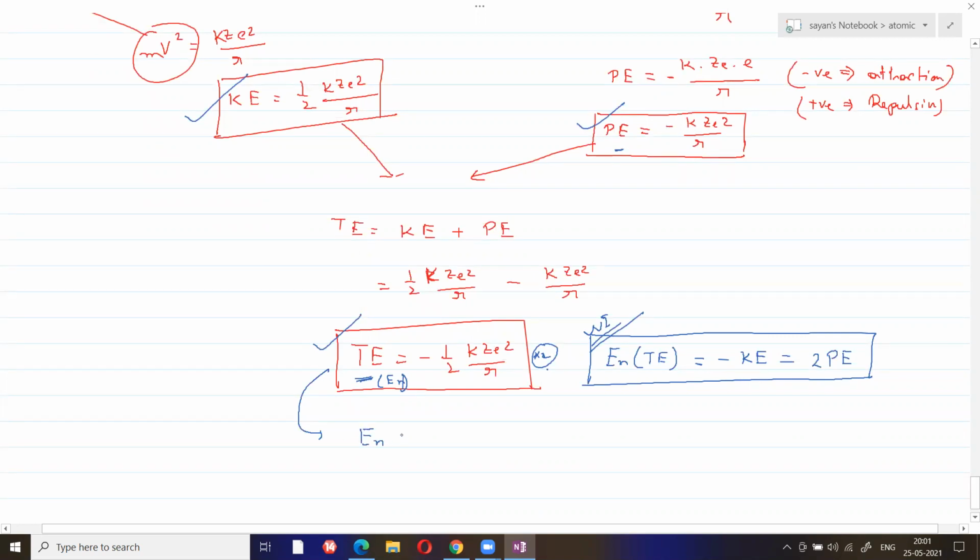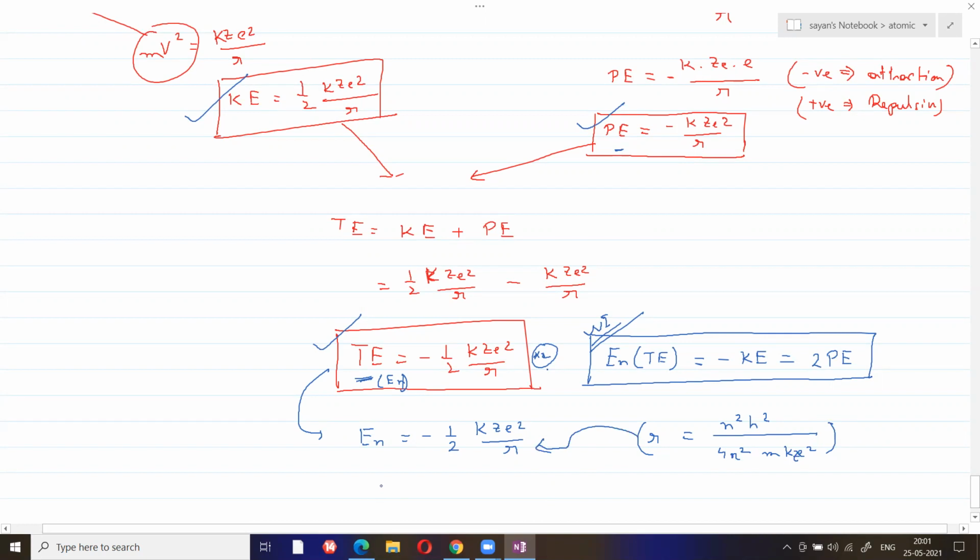En, or total energy, I am taking as half of kz square by r. Now the r value, you know, from the Bohr's orbit you can easily find out: n square h square by 4 pi square m kz square. That derivation I already did last class. I already completed this one. Okay, just put this value here.